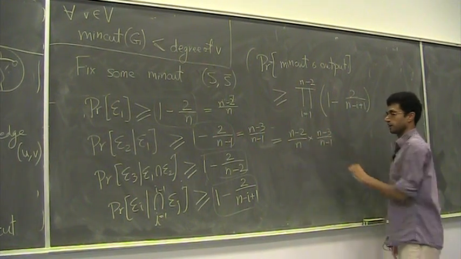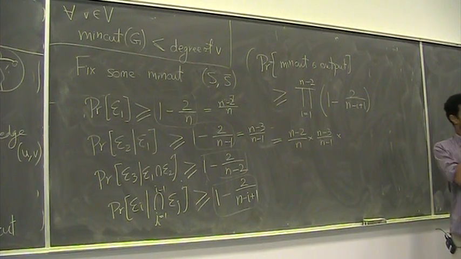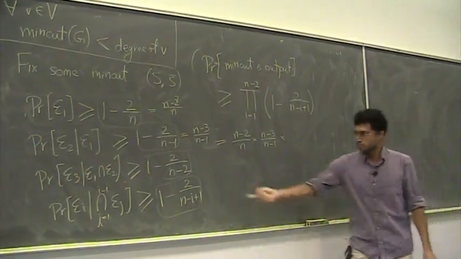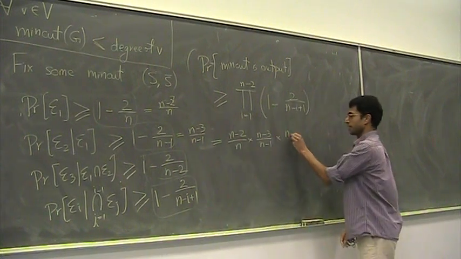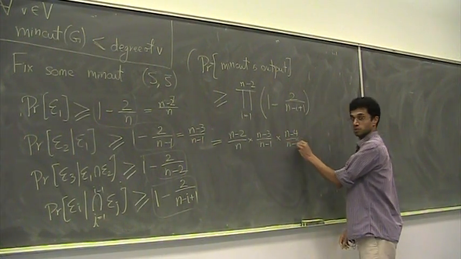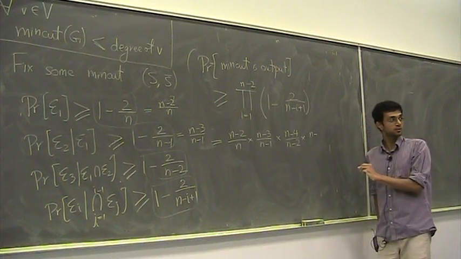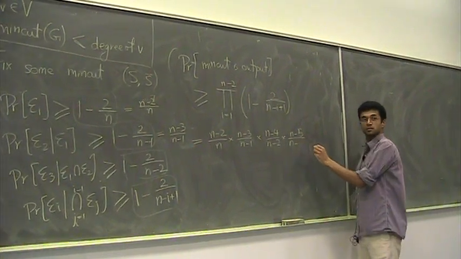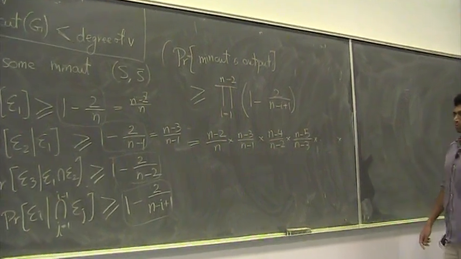What's the next one? n minus 4 divided by n minus 2, times n minus 5 divided by n minus 3, and it goes all the way up to what?